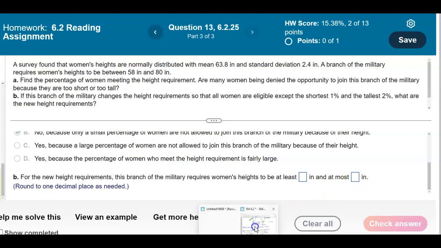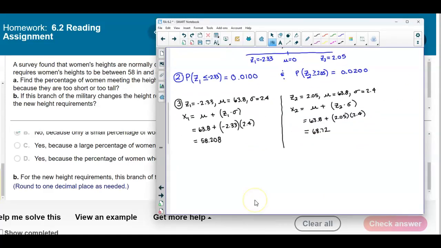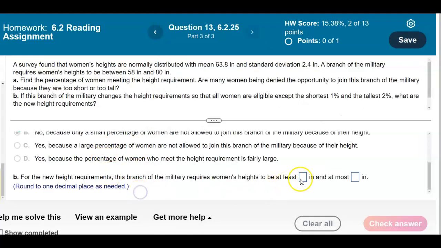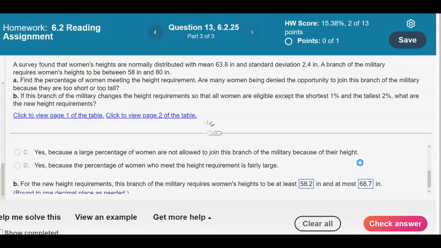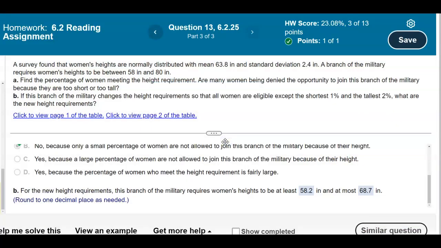So what they're saying here is that the values of x, rounded to 1 decimal place, should be between 58.2 inches and 68.7 inches. So let's put that in there: 58.2 and 68.7. Check our results, and there is our answer.